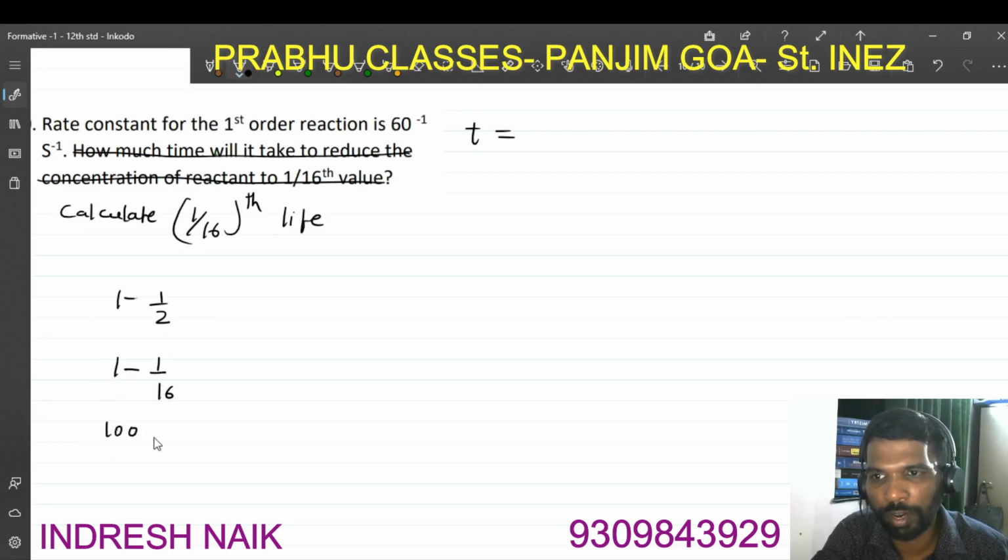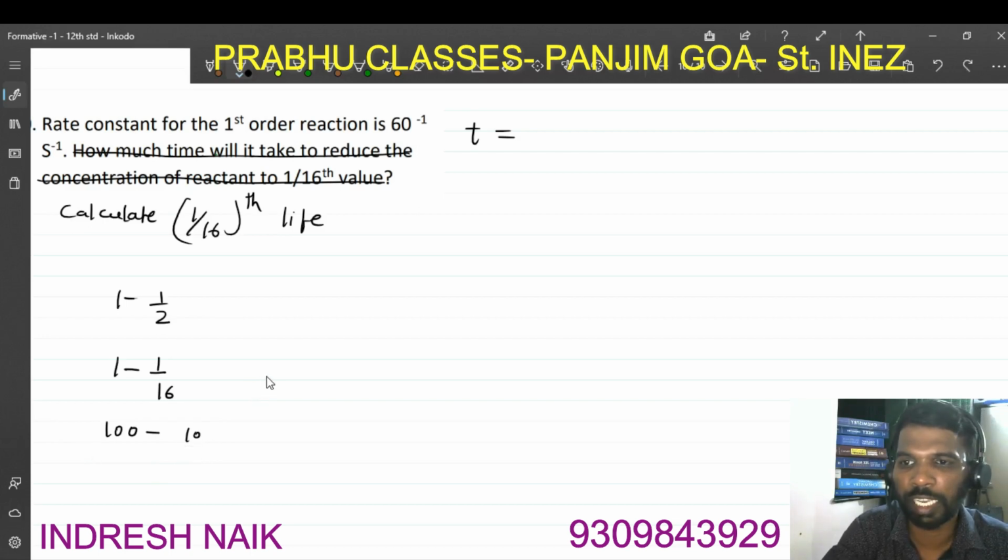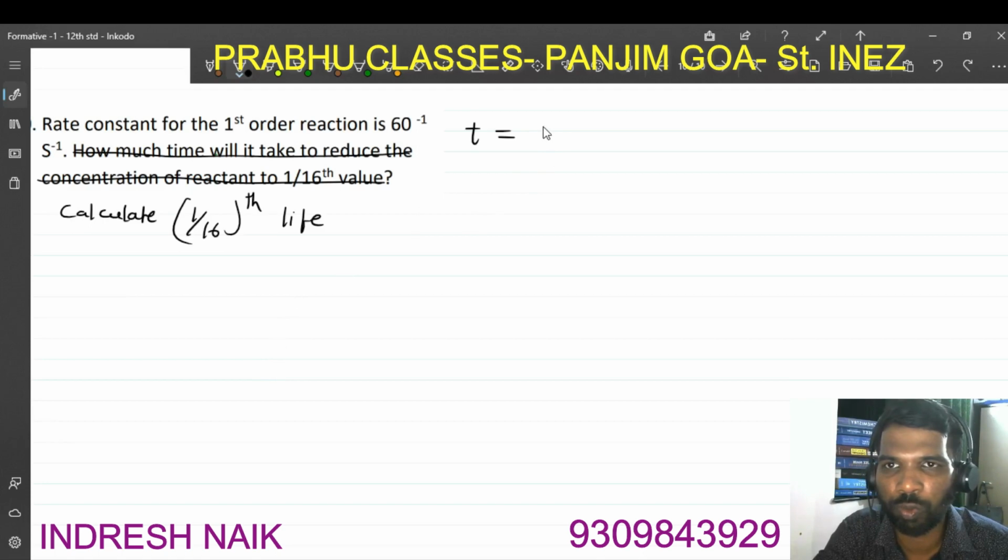If it is 100, then it is 100 upon 16, right? That is what the 1/16th life will be. So here I will write t is equal to 2.303 by k. This is just an extension.